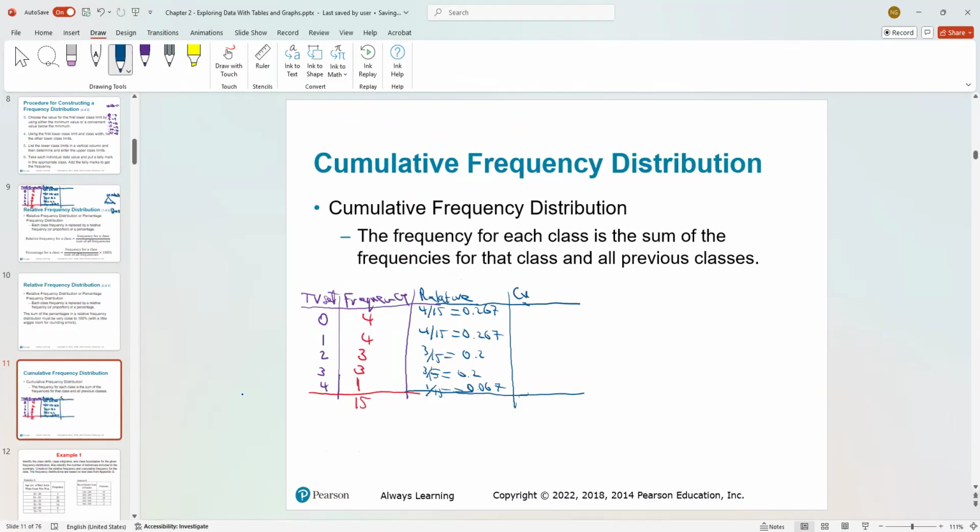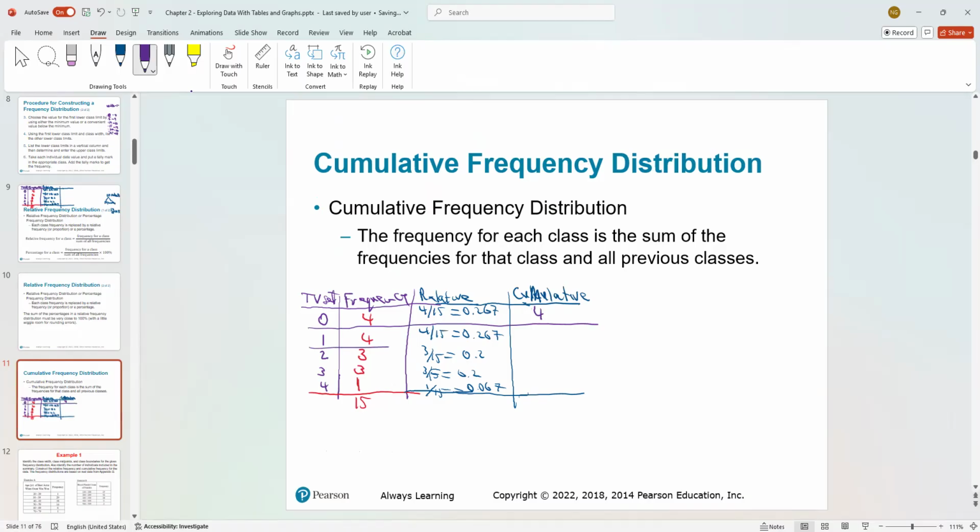A cumulative frequency distribution is a distribution in which the frequency for each class is the sum of the frequencies for that class and all previous classes. If I'm on the first one, it's 4 plus whatever I had before that. I didn't have anything before, so it remains 4 for the first one.